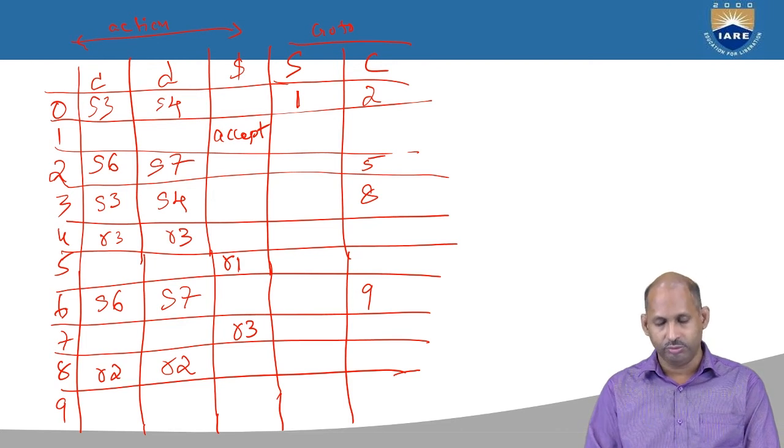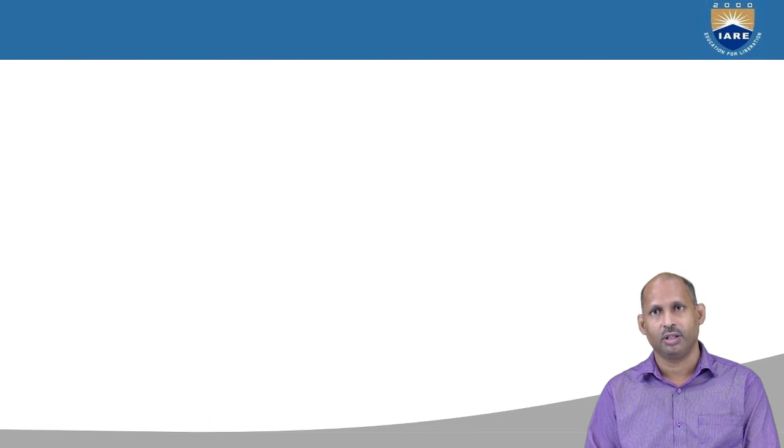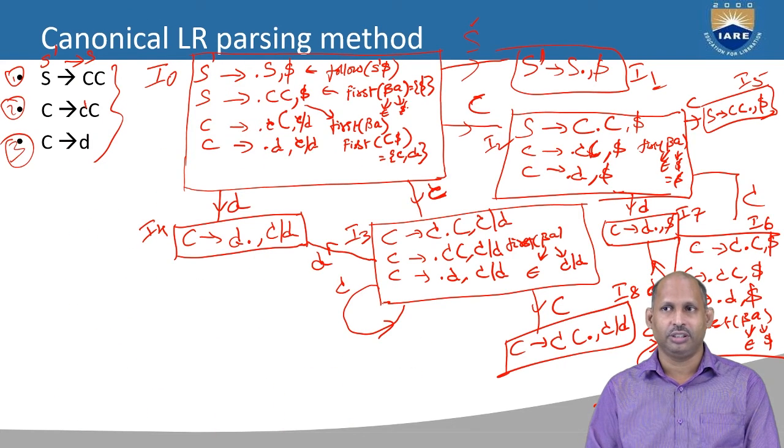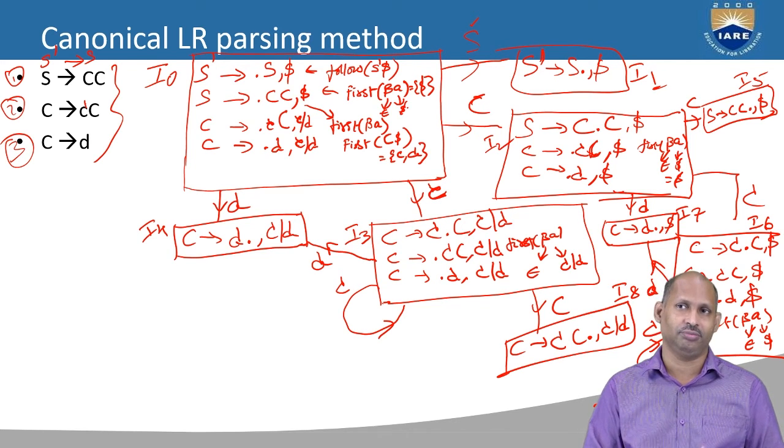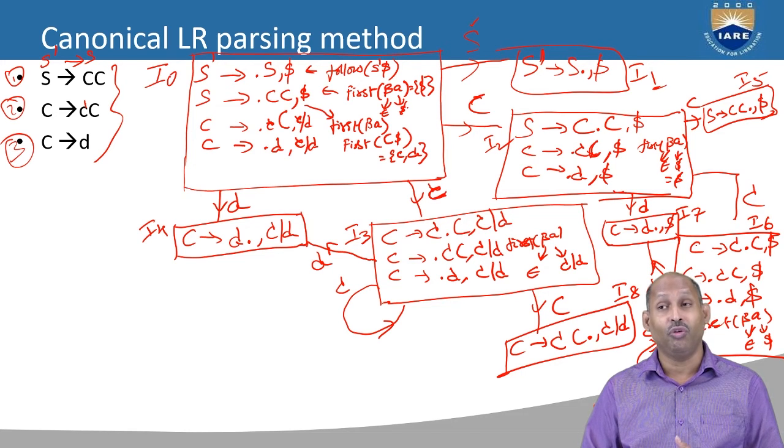Right? Now, ninth state. In the ninth state, if you observe, it has the production number 2 ending with dot. If the production ends with dot, then what is the production number? It is 2.